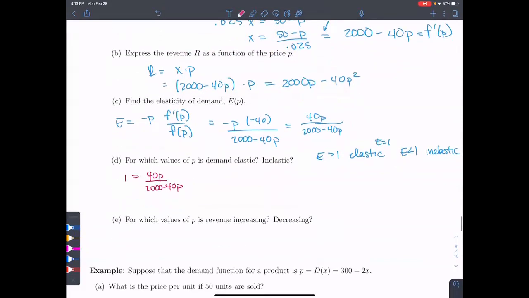Multiply both sides by that bottom thing, and you get 2,000 minus 40p equals 40p. So then we're looking at 2,000 equals 80p. And then divide by 80 on both sides, and you get p is 25. This is when we get unit elasticity.